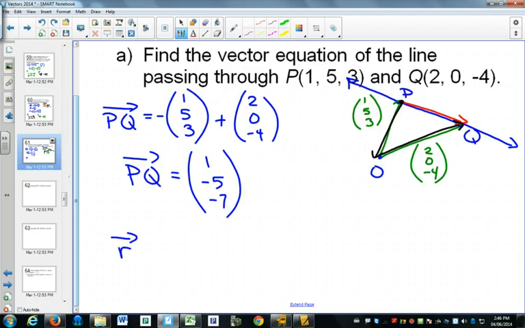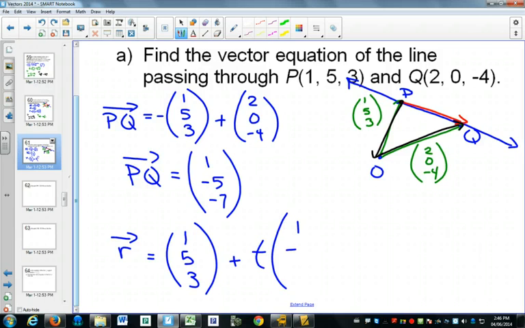And so our vector equation of the line will be 1, 5, 3. You can choose either of the points, plus T, 1, negative 5, negative 7.